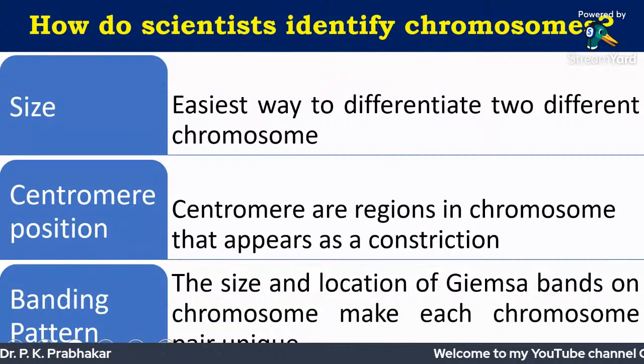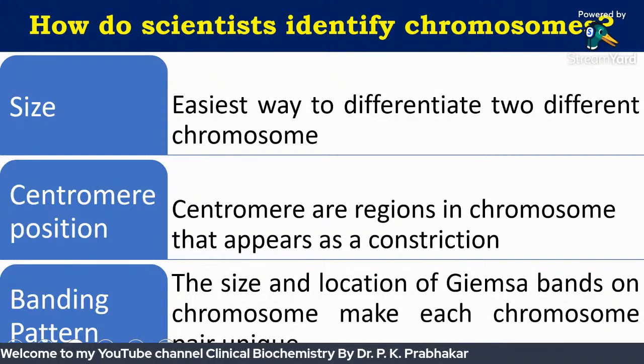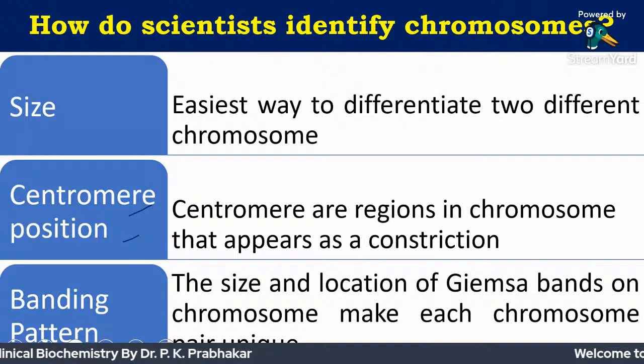There are 3 different criteria. Those criteria are the size of the chromosome, which can be visualized, then the centromere position, and then the banding pattern, the staining pattern.